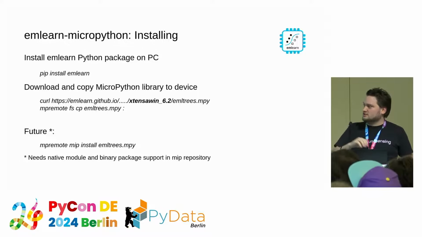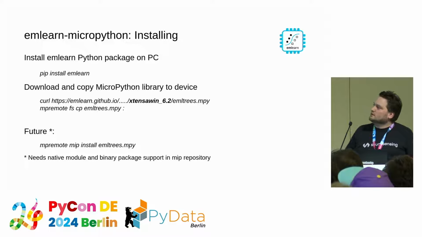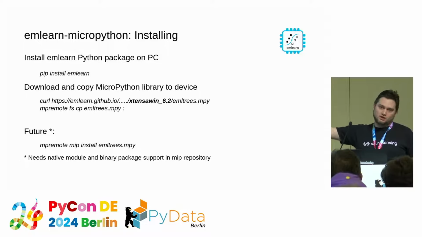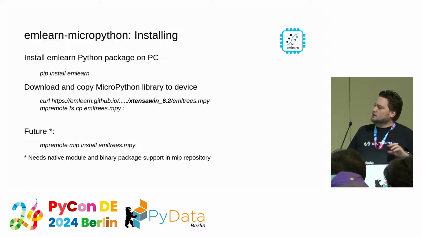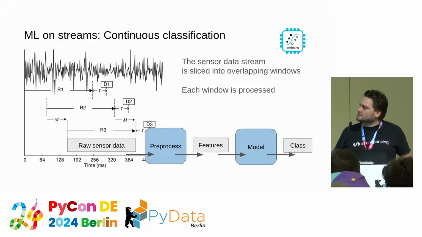In the docs, it says, for this MicroPython version, use this, and for this ESP32, use this. And then you copy that to the file system using mpremote. Ideally, this would just work with mip install, as you would kind of expect. But right now, support for native or binary packages is not yet in the mip repository. That will hopefully be there in the future, to make it easy.